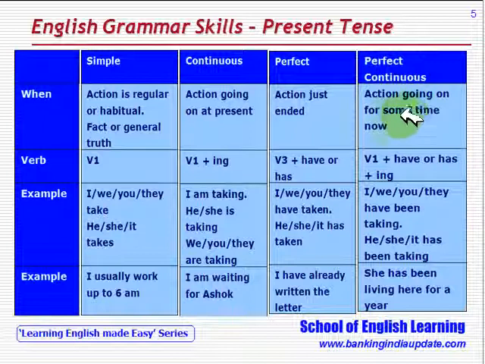Here first form of verb is used, it is supported by have or has plus ing. So for I, we, you, they, have will be used, and for he, she, it, has will be used.